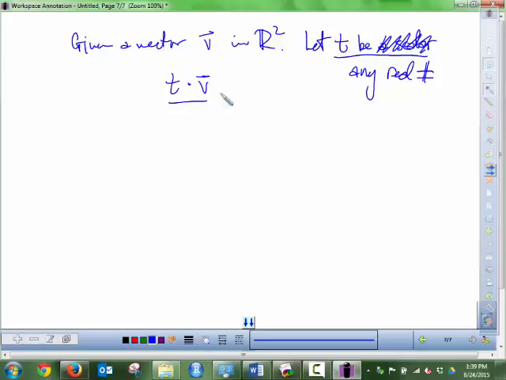Does that make sense? So I could define this as a function where I'm putting in different values of t, and then I would be getting a pair of points. You can look at it as a vector or any point that would be on this line. Does that make sense?